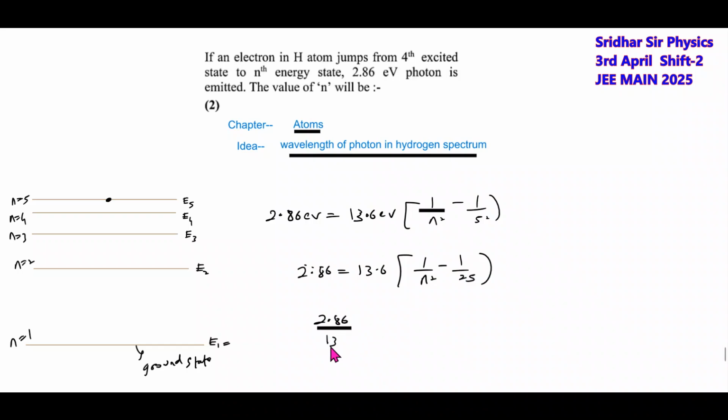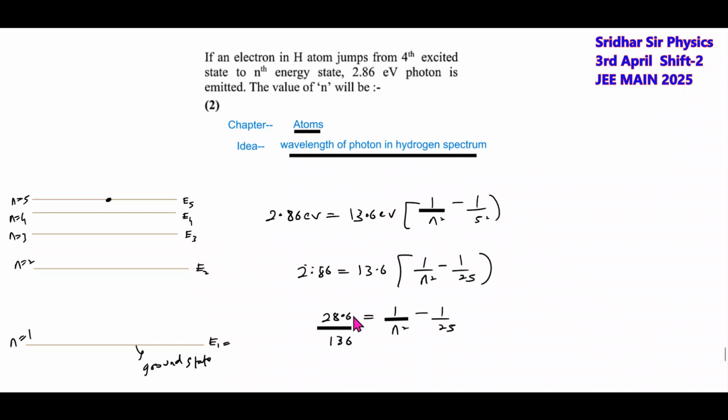2.86 by 13.6 or 28.6 by 136 equal to 1 by n square minus 1 by 25. Solving for n, this will be 28.6 by 136.